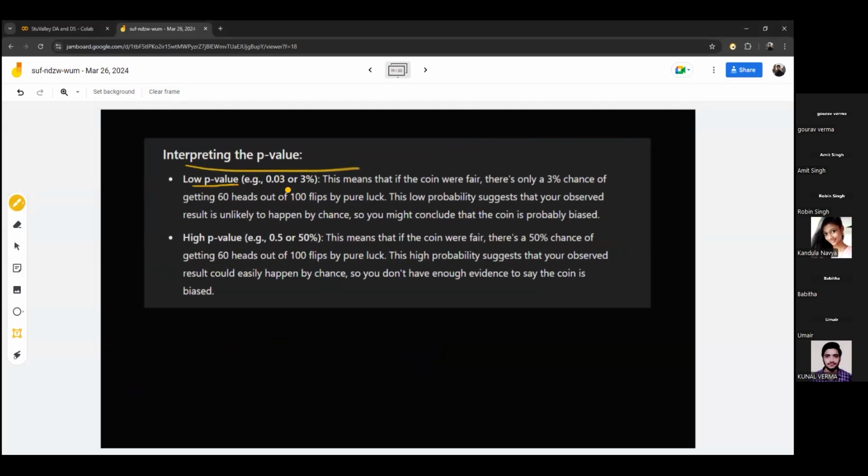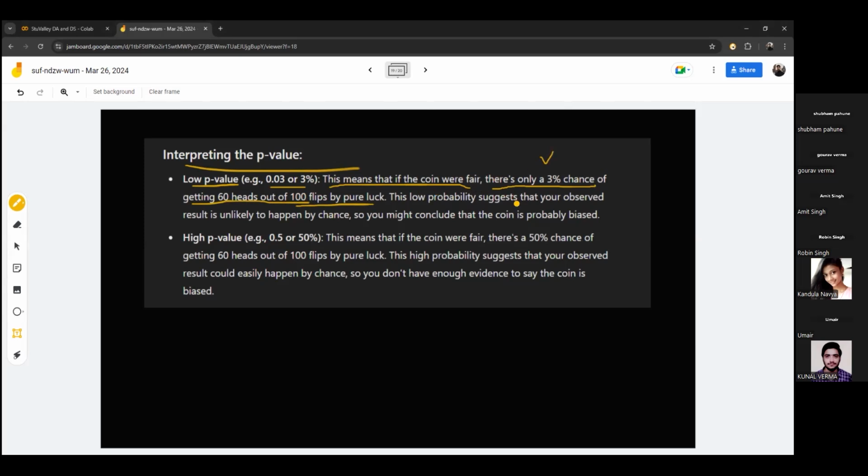A low p value means, say, 0.03 or 3%. If you are getting 3%, what is the meaning? This means that if the coin were fair, there's only a 3% chance of getting 60 heads and 40 tails out of 100 flips by luck. Okay, there's only a 3% chance.